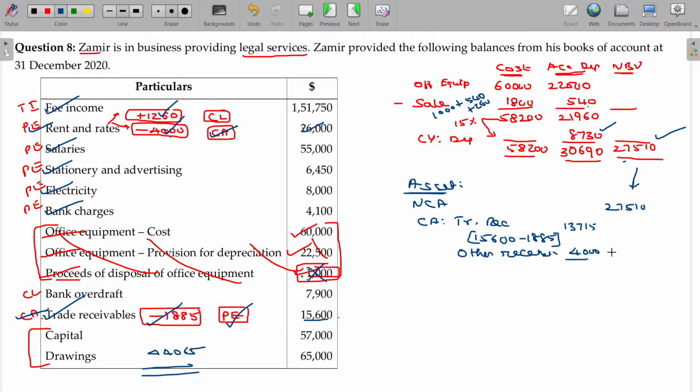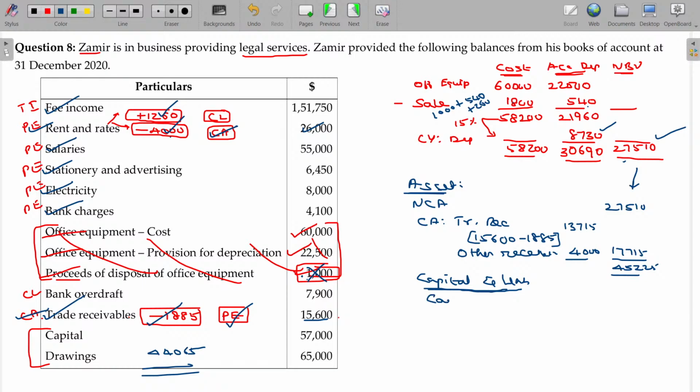Then total value being 17,715. No other current assets we have. So these two are the assets, total being 45,225. They have not asked for the liability section. Anyhow, we will write the capital and liability section also.